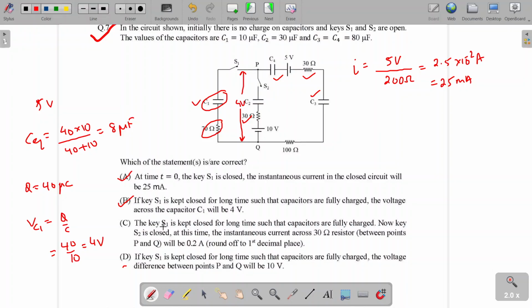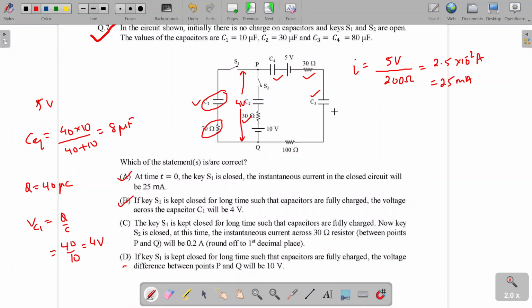Still, we want to evaluate what would be happening in the circuit when we close S2. So when S2 is closed and S1 is also closed, instantaneously the capacitor would behave like a battery. At that particular instant, we'll have to think in that way. So C3 and C4 will also become batteries, and C1 will also become a battery of 4 volt.